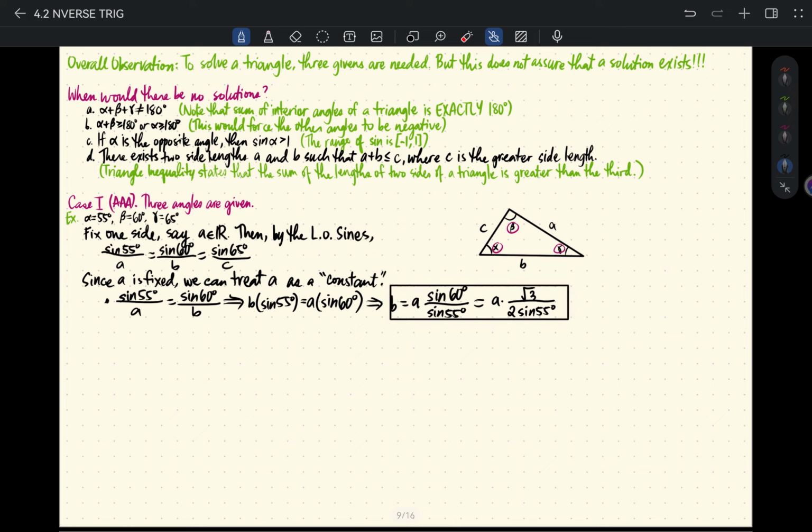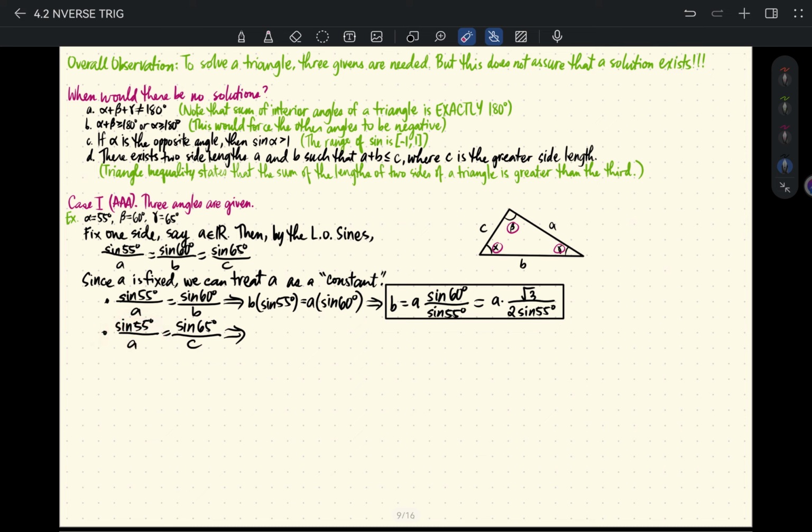Now, we can also solve for C by using this one and this one. So we have here sine of 55 degrees over A equals sine of 65 degrees over C. Again, we fixed A, so we're assuming that we know that value.